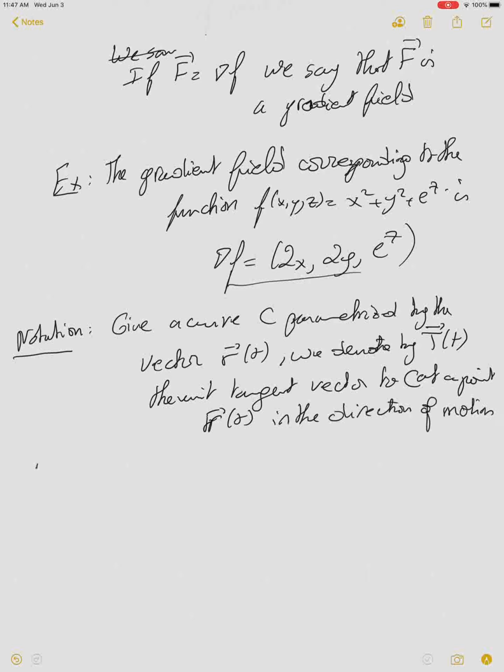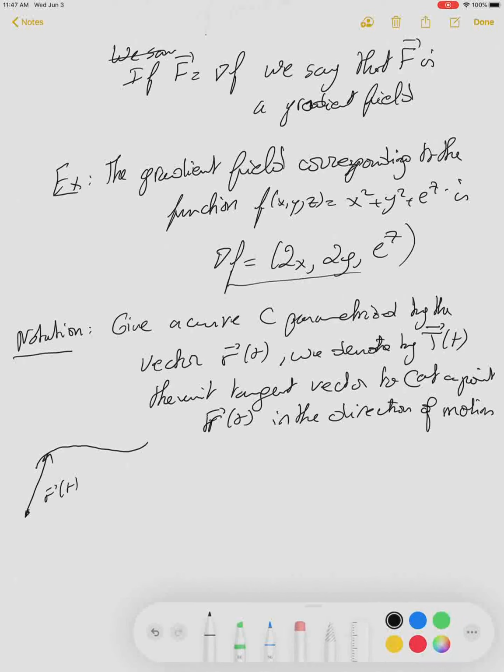So I have a curve C, and this is maybe r of t. Now, T of t is tangent to the curve C. So what's the difference between T of t and the velocity? Because I also know that the velocity is tangent.